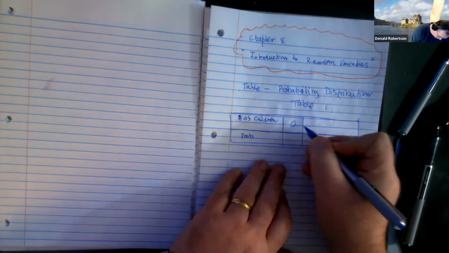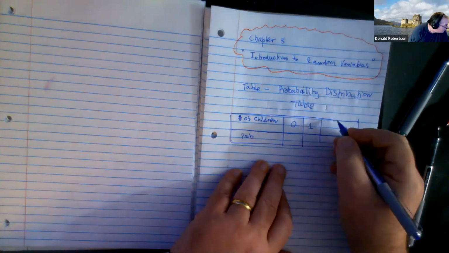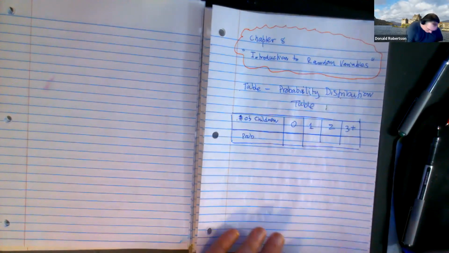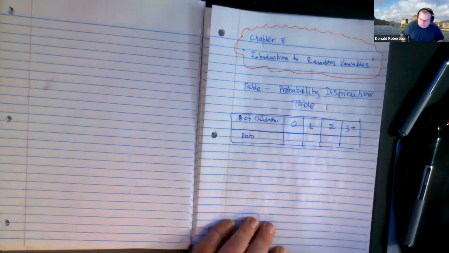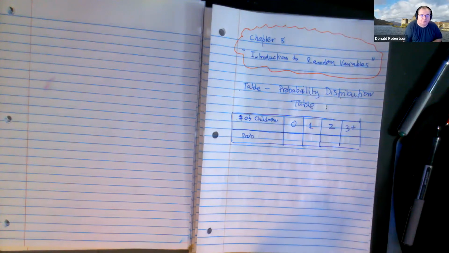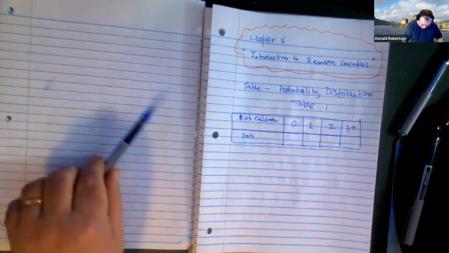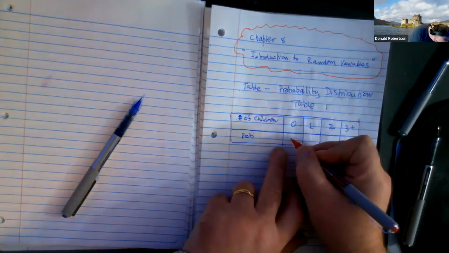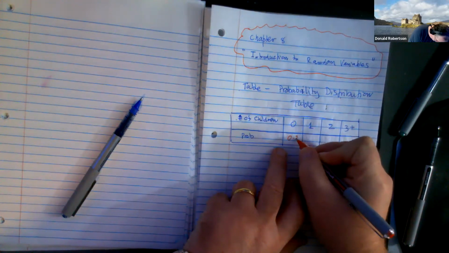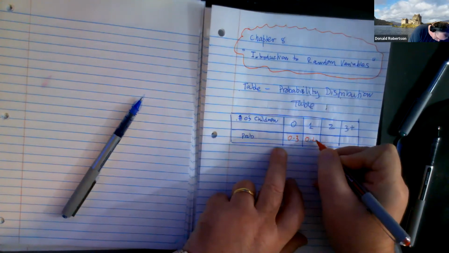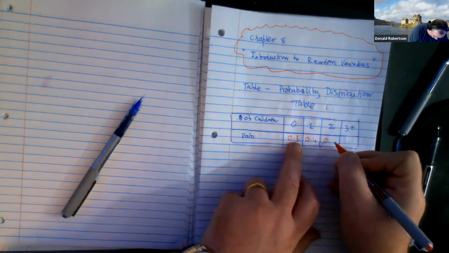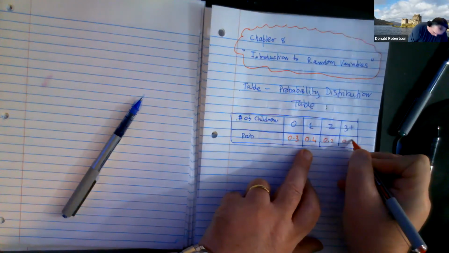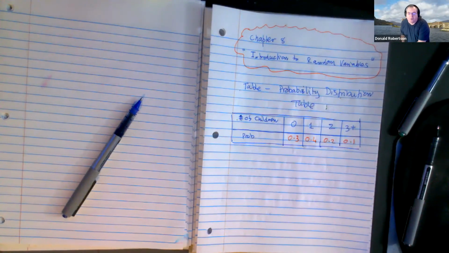So there was 0, there was 1, there was 2, and then there was 3 or more, right? So I'm counting the last category as 3, 4, 5, 10 children. And we went out there and we collected data and it ended up being 0.3, 0.4, 0.2, and finally 0.1. That is an example of a probability distribution table.